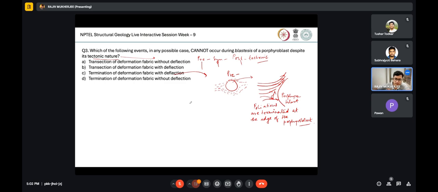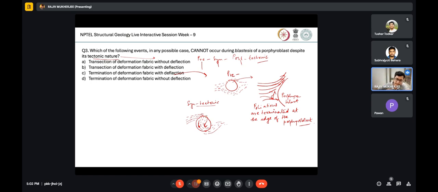Now, if you talk about syntectonic, what will happen? Say this is a rigid blast. So the foliations would wrap around the blast, the particle, and would also rotate and deflect inside the porphyroblast, right?